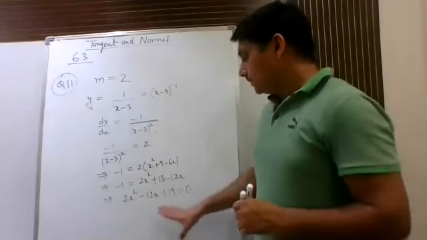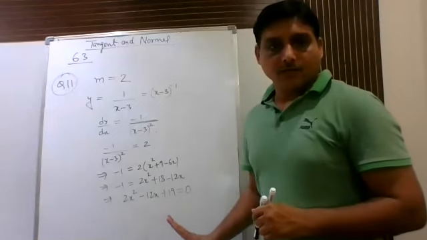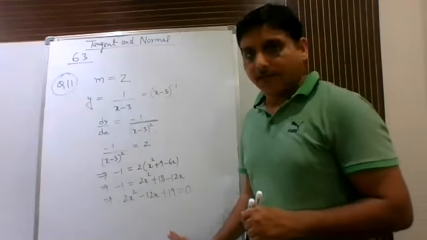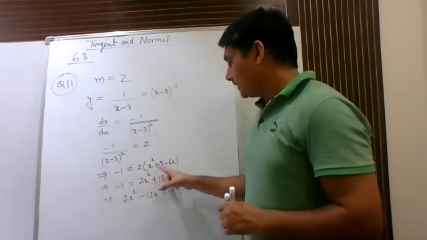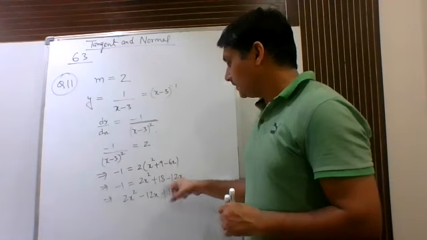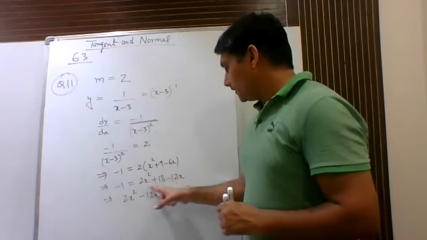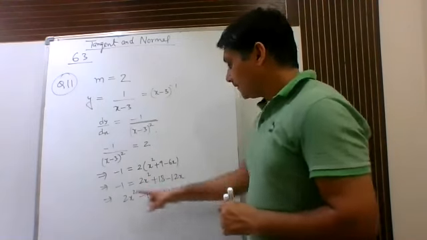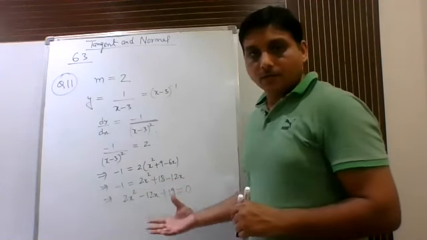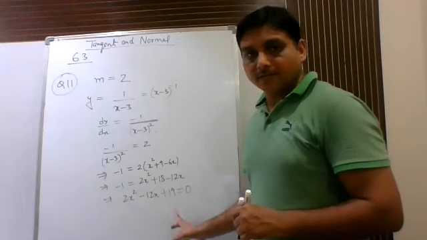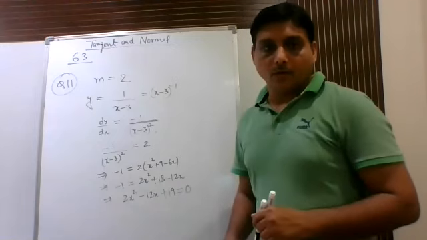Okay, now this is the quadratic equation which you are getting after calculation. What I had done, I had shifted this on this side. I had expanded the whole square, so x square plus 9 plus 6x. Then I had multiplied with this 2. After that, I had shifted this minus 1 on this side, so it will become 19. So the quadratic equation is 2x square minus 12x plus 19 is equal to 0.